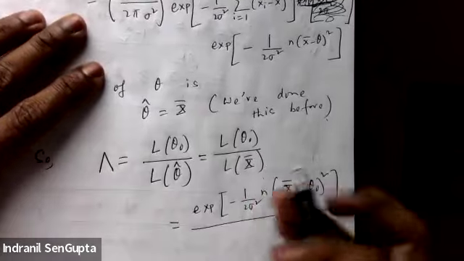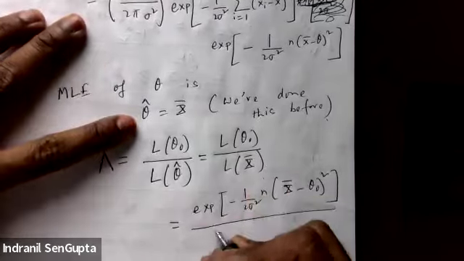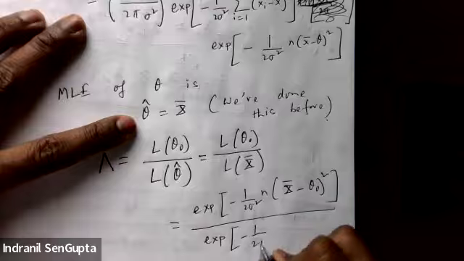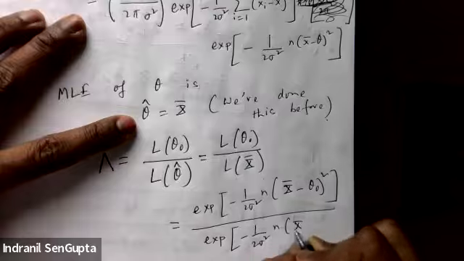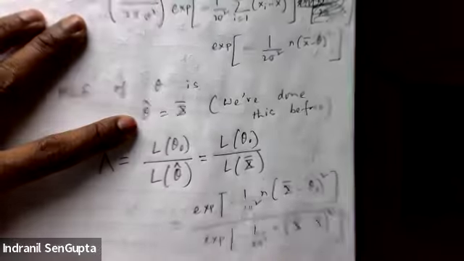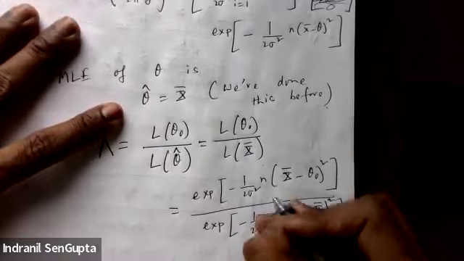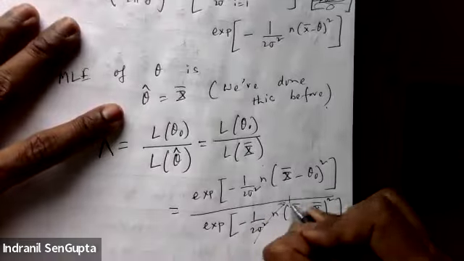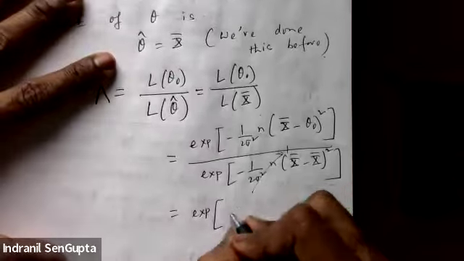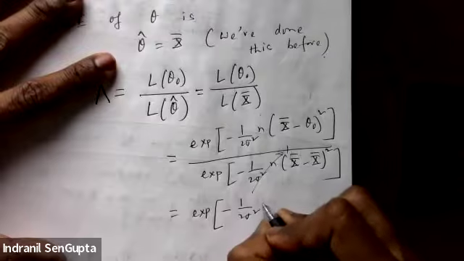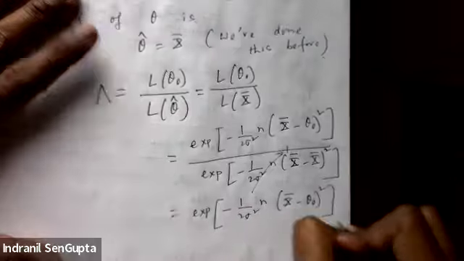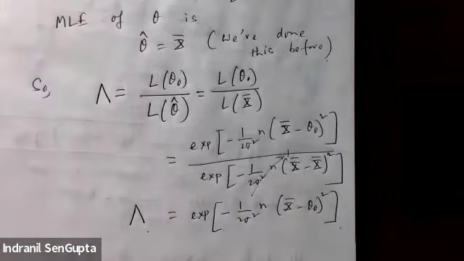And for the denominator, for theta hat, I'll have e to the power of minus 1 over 2 sigma squared n of (x bar minus x bar) squared, which is e to the 0, which is 1. So lambda is e to the power of minus 1 over 2 sigma squared n (x bar minus theta 0) squared. So that is my lambda.